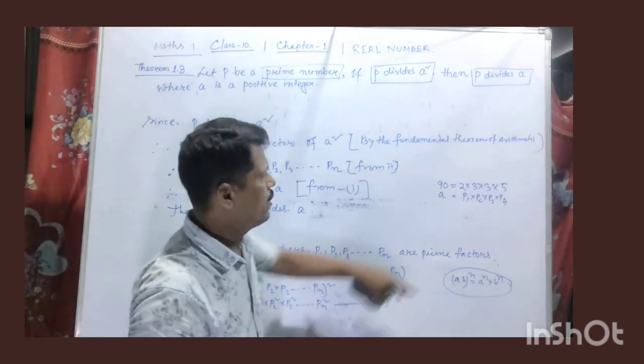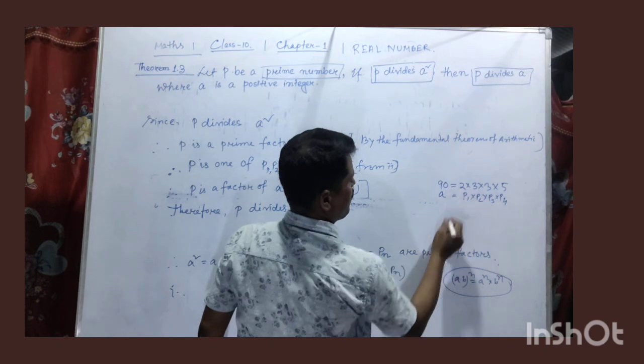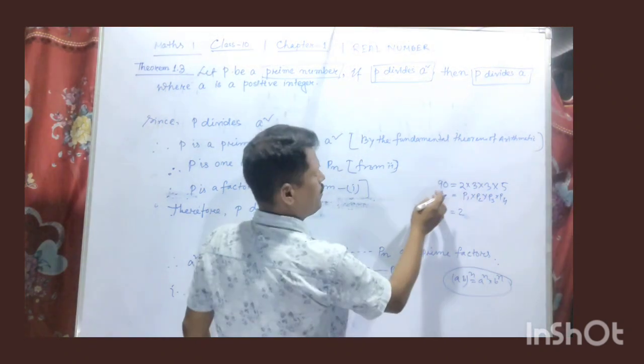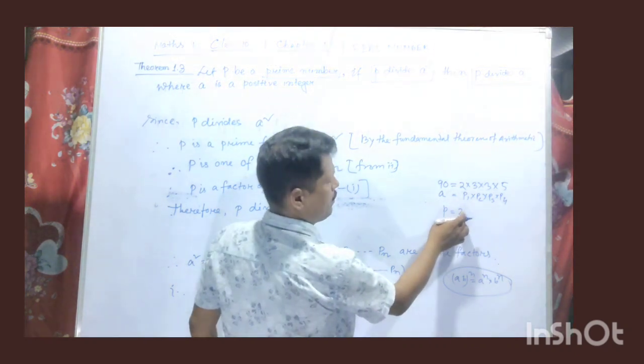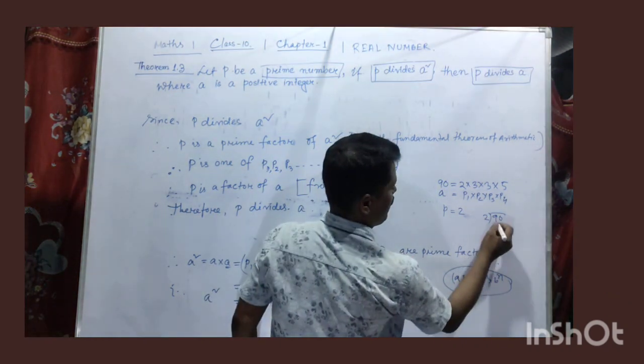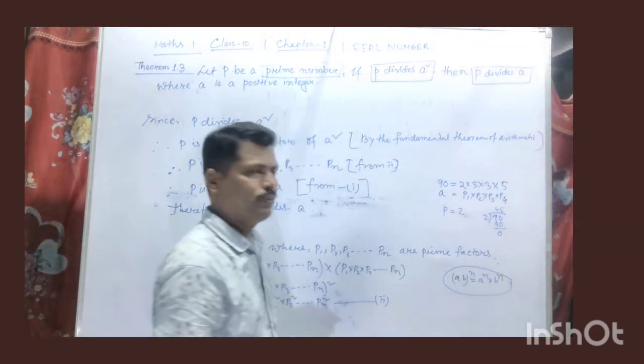So for p, there is p1. If we let it be 2, then 90 is exactly divisible by 2. If we divide 90 by 2, it will be 45 times, remainder is 0.